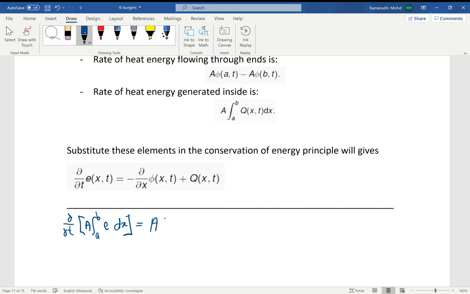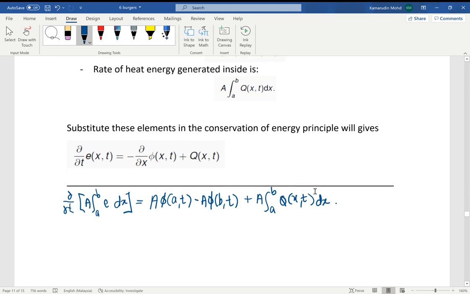So we have A phi at point A, t minus A phi at point B, t. And then the last term, we have the rate of heat energy generated. So we have plus A times the integration from A to B of Q(x, t). For this step, it's actually quite similar to the traffic flow problem.